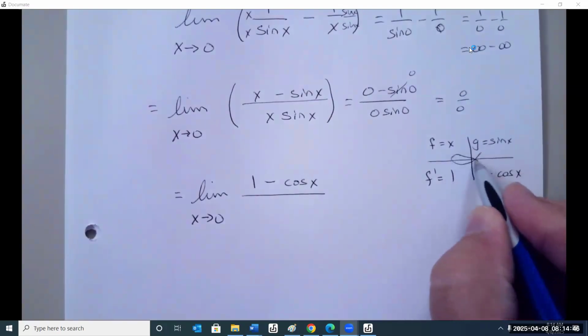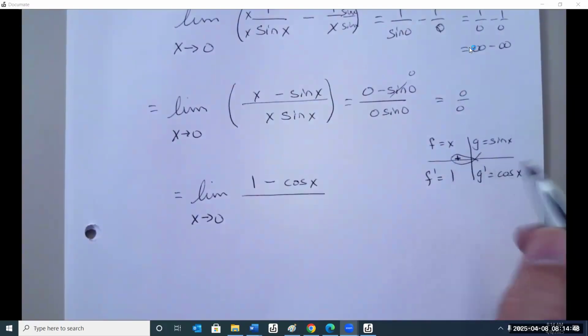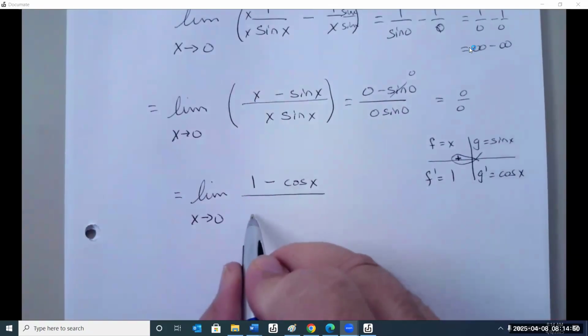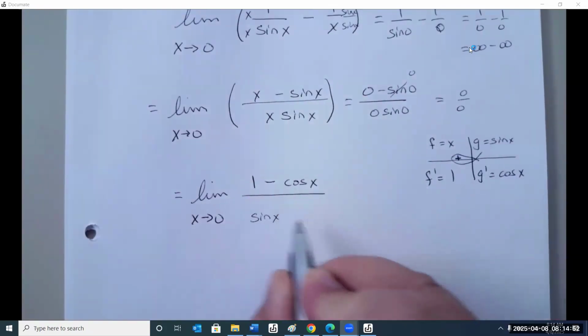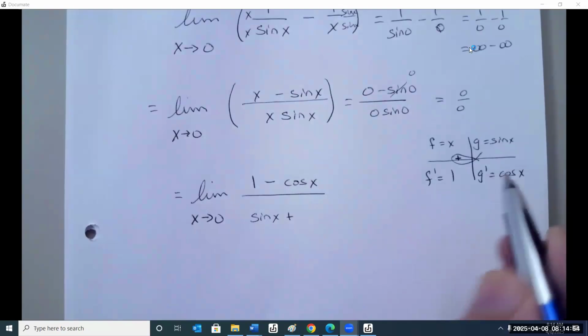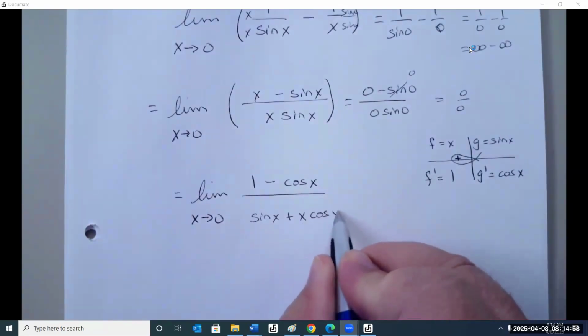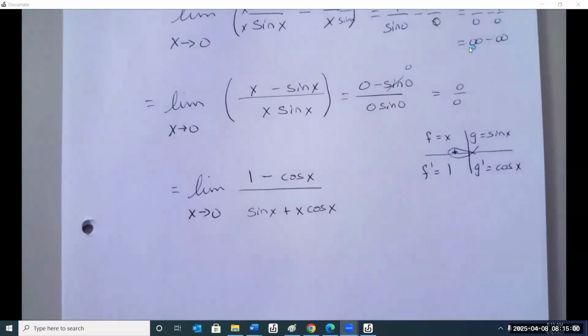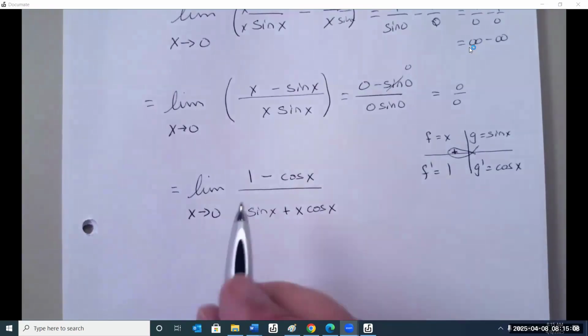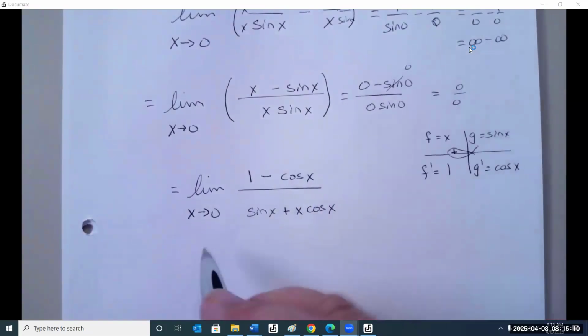The product rule: sine times 1 is sine x plus x times cosine. Well, we just took the derivative, so now let's check it out.